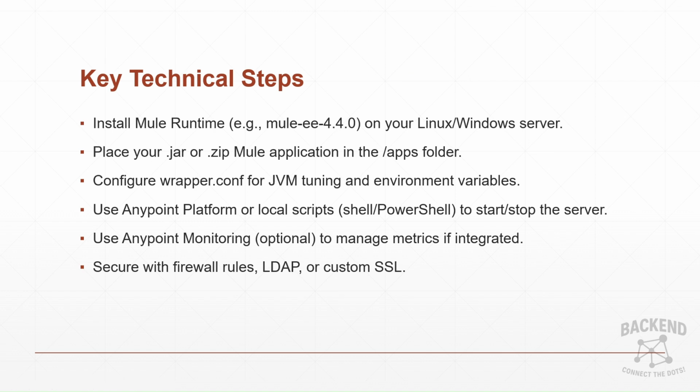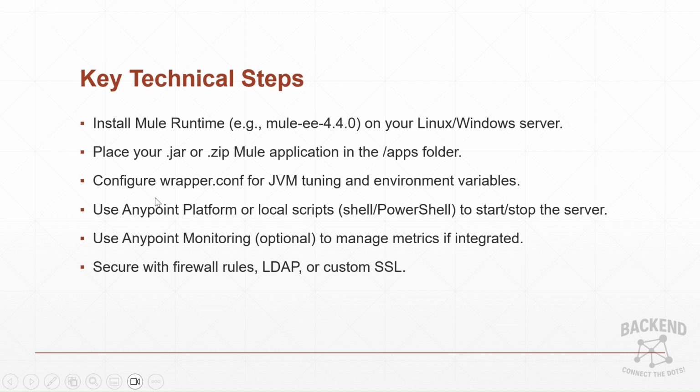The one key thing we need for this step is the Mule runtime, which is required to deploy to an on-prem server. To run your Mule application, the Mule runtime is hosted on your server.